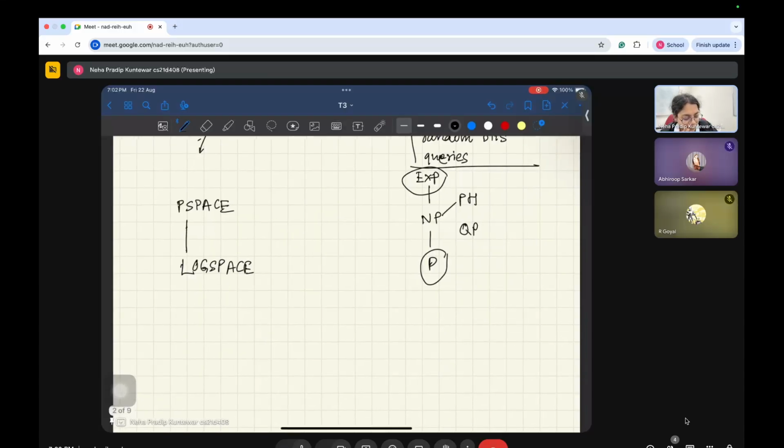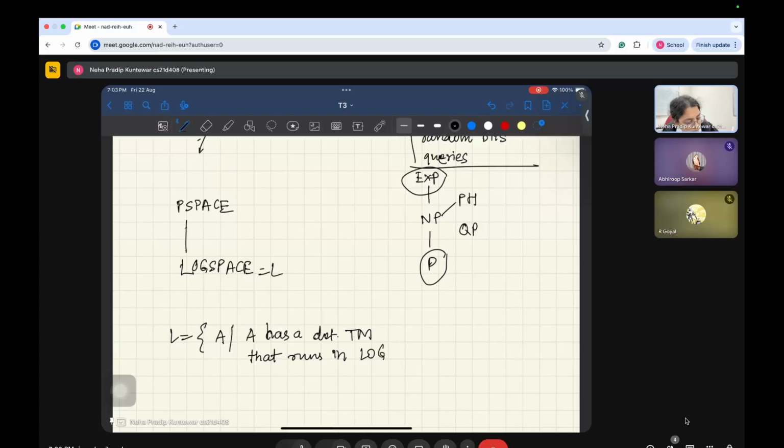L is the class of all languages that have a deterministic Turing machine that runs in log space.